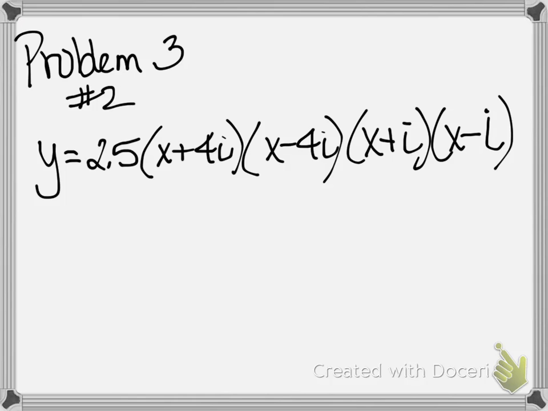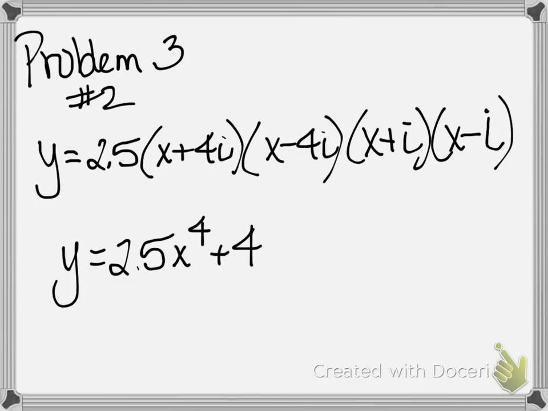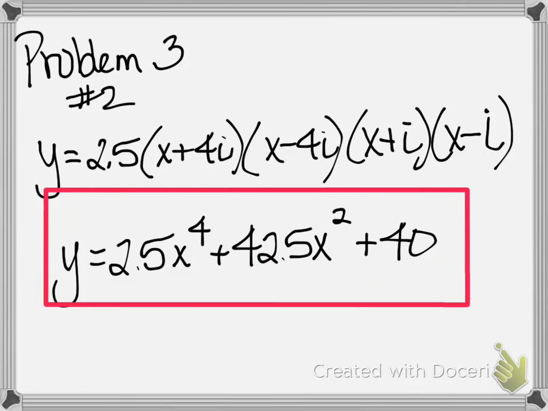But the general form, the answer that you actually need to have in order to get any credit, would be y equals 2.5x to the fourth plus 42.5x squared plus 40. This is the actual answer. You had to go through that factored form to get to that, but that's the one that you need.